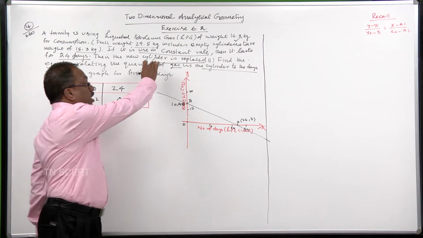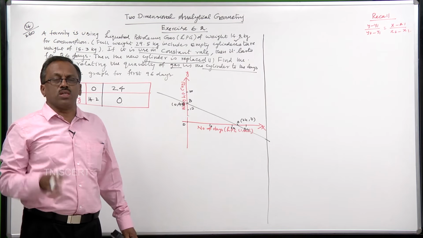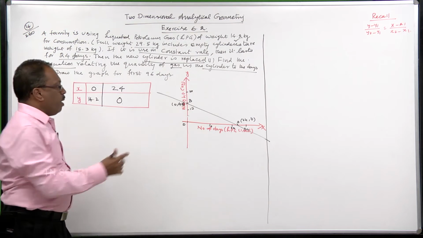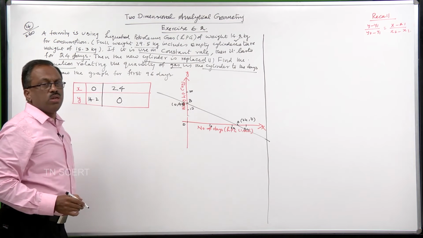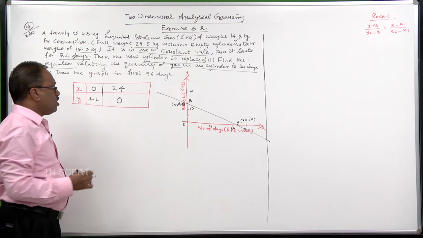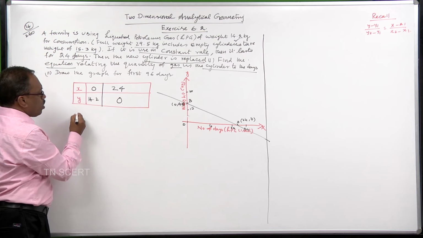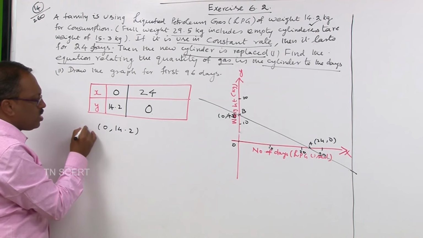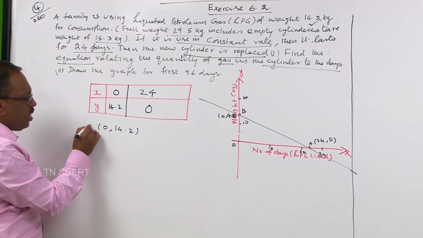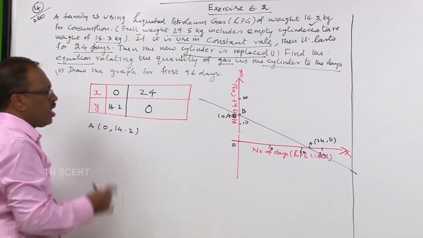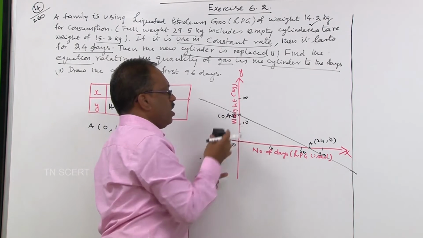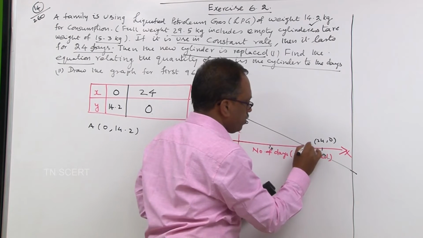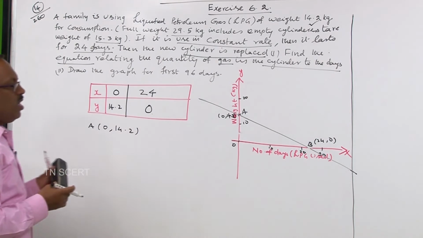But the question is not yet completed. We have to frame the equation by using that formula. Knowing that it is a linear equation, by joining these two points, we use the two-point formula. A is 0, 14.2 and B is 24, 0.